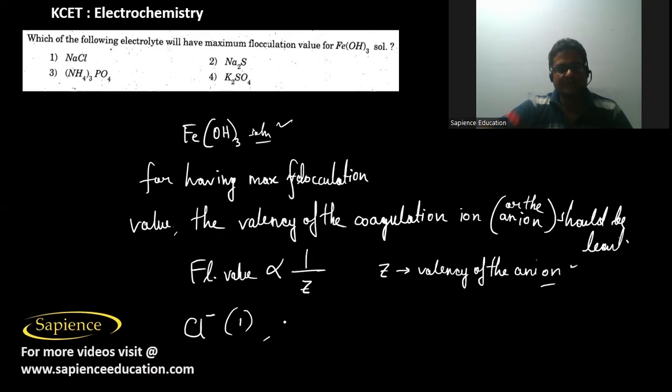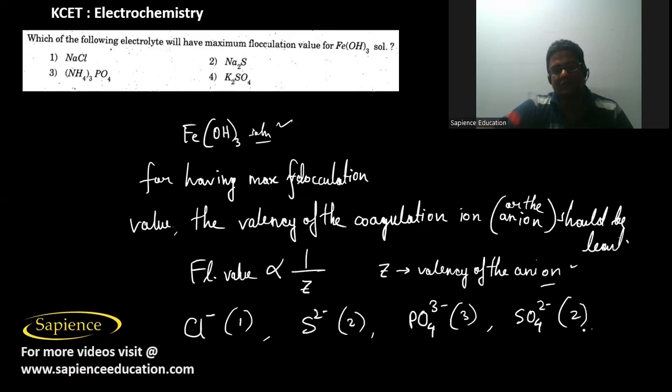In the second option we have the sulfide ion, valency 2; in the third, the phosphate ion, valency 3; and in the fourth, the sulfate ion, valency 2. So the least valency is for the chloride ion. Since NaCl has the least valency of the anion, it has the highest flocculation value among all four electrolytes. So option 1 is the correct answer.